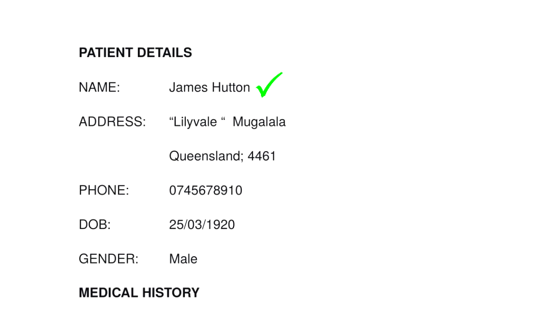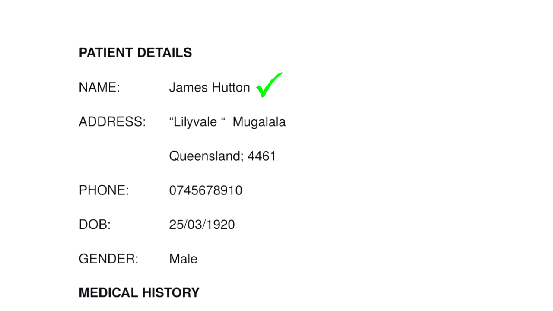We'll read along. Address, Lilyvale, Megalala, Queensland 4461, and they have given a phone number 0745678910. Now, while you are selecting case notes, you have to think from the perspective of whom you are going to write, okay? In this question, you are writing to a registered nurse for overnight care.